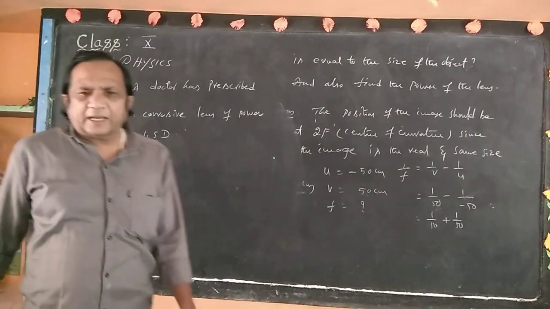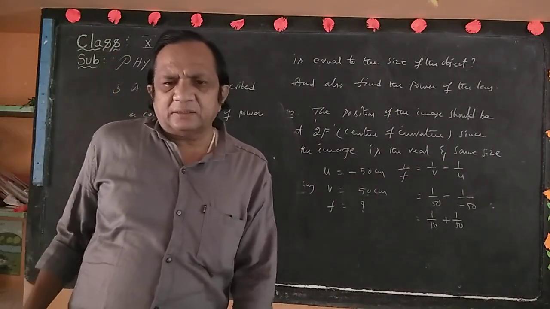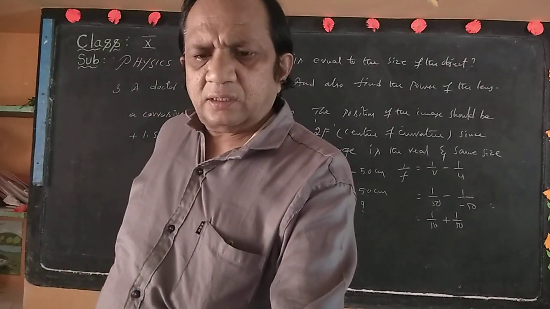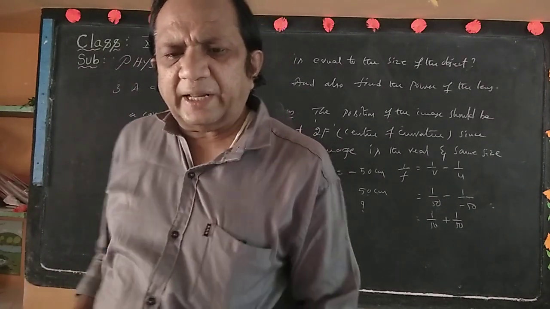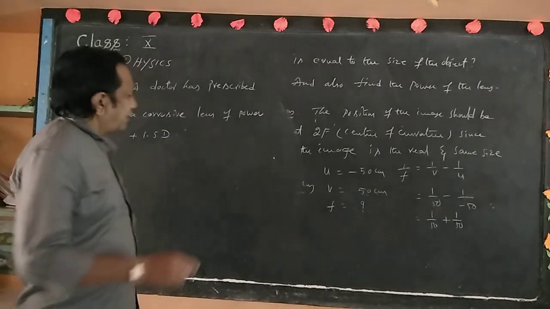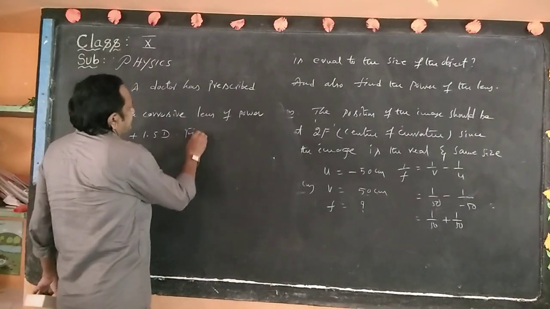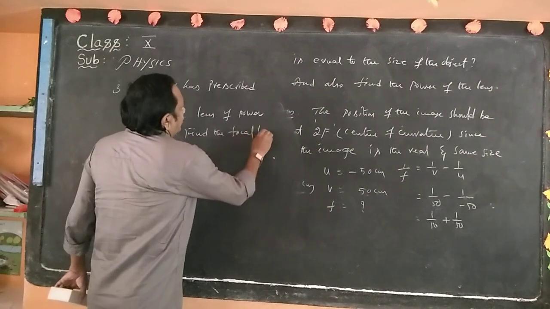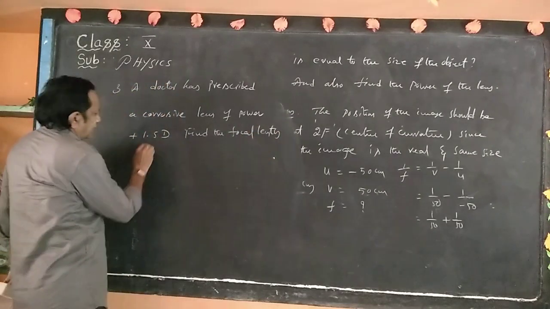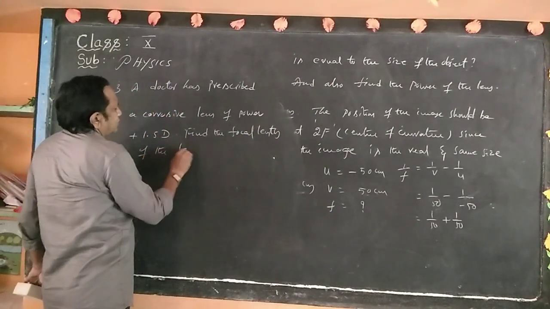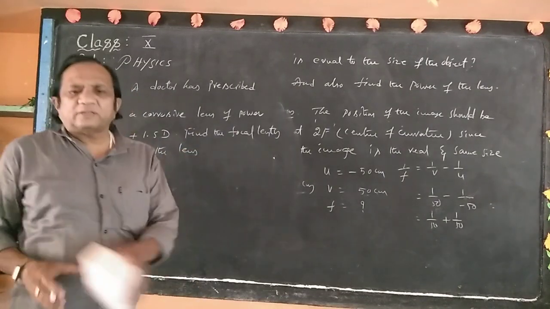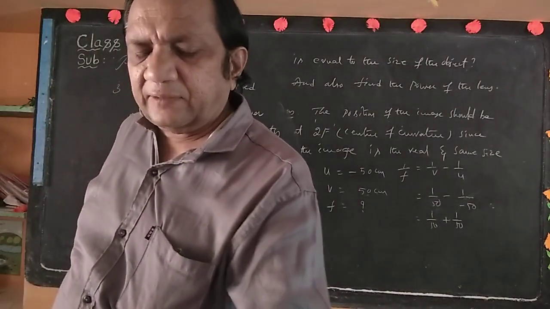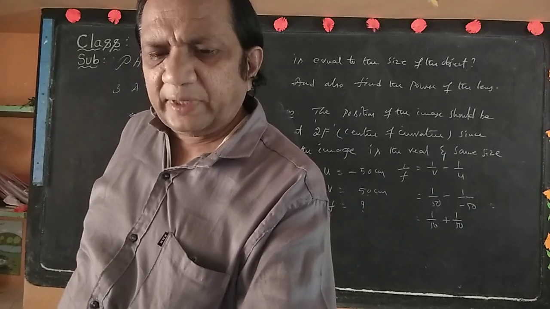D means diopter. Find the focal length of the lens, and whether the lens is converging or diverging is also to be found.